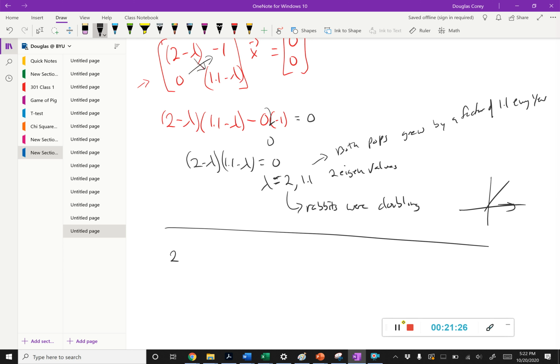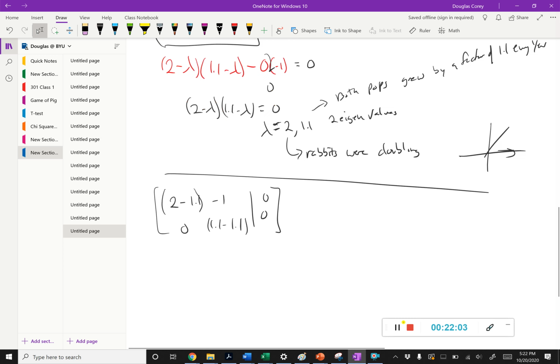I'm going to go back up to this matrix here and plug in 1.1, and then we're going to find the null space of that. We're going to find all the vectors that we can multiply by this matrix and get 0, 0.